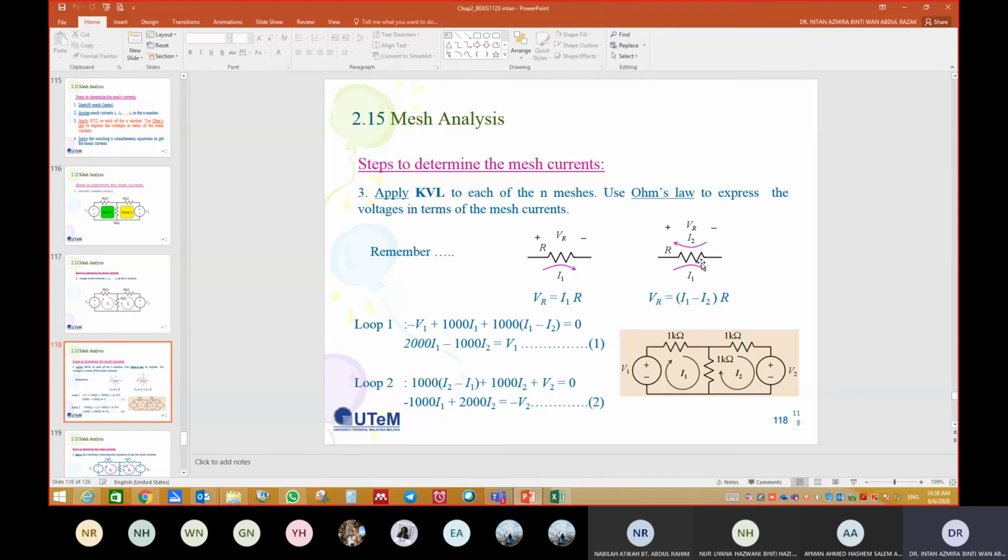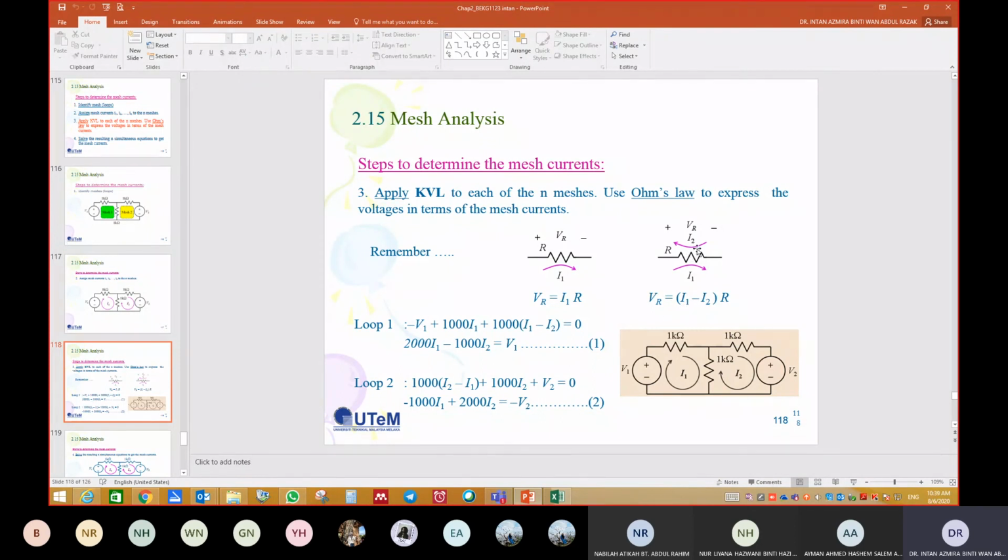When we do analysis in loop 1, okay, the voltage drop is positive here and negative here, so I1. And then when we do analysis in loop 2, okay, sorry, at the same time, I2 flows opposite to I1, so VR is equal to I1 minus I2 times R. Why I1 minus I2?